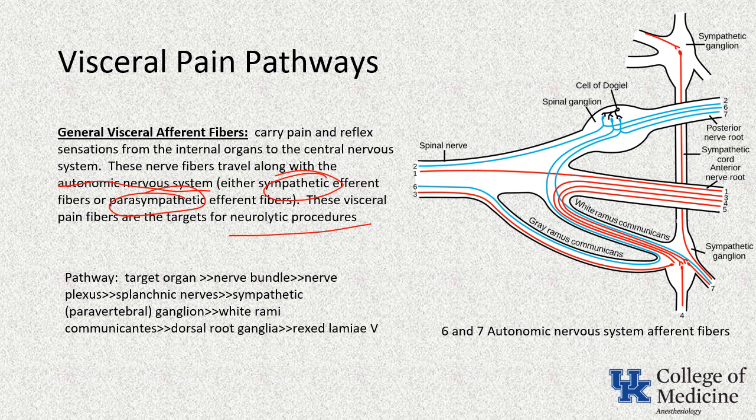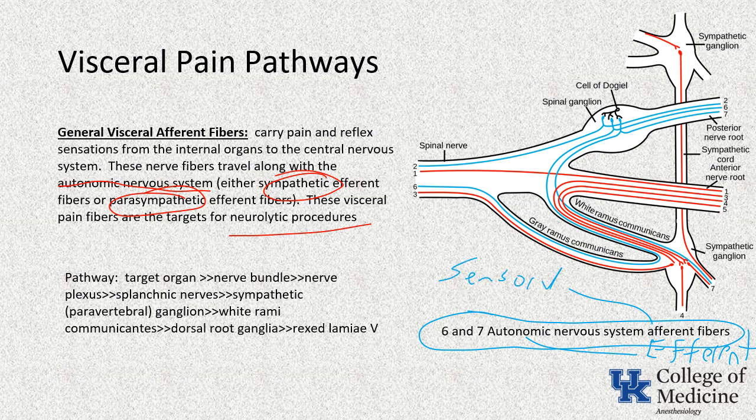If you look at the diagram on the right, 6 and 7 are your autonomic nervous system fibers. And actually, these are technically efferent if they're coming from the autonomic system, and afferent if they're transmitting sensory signal.